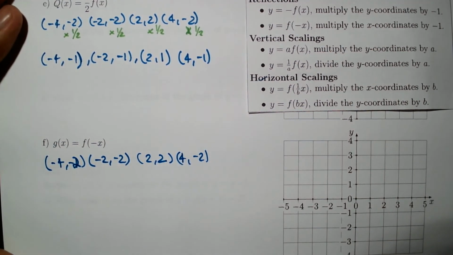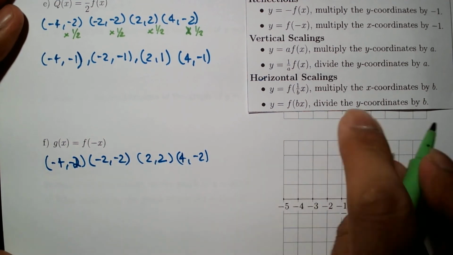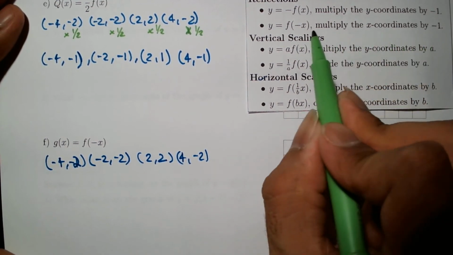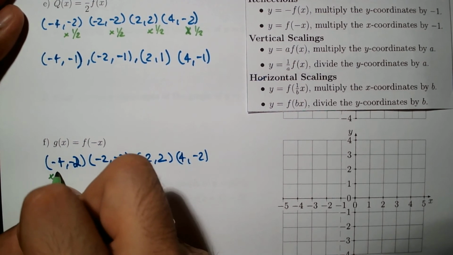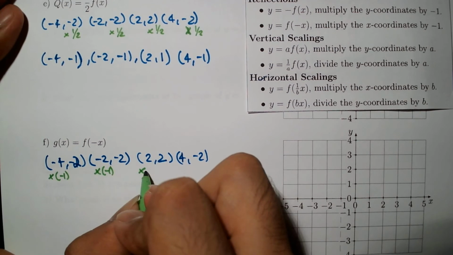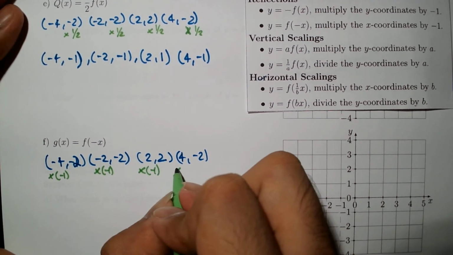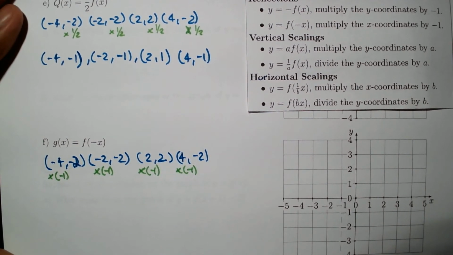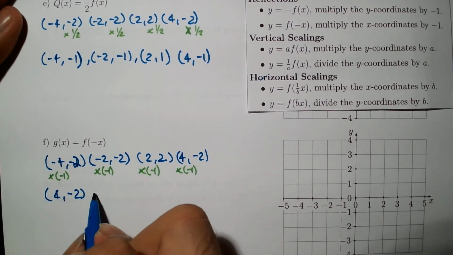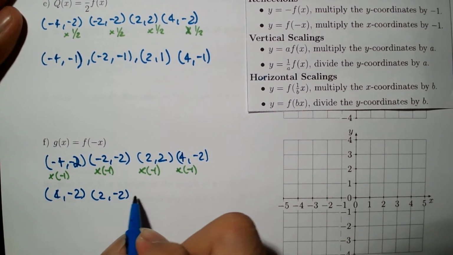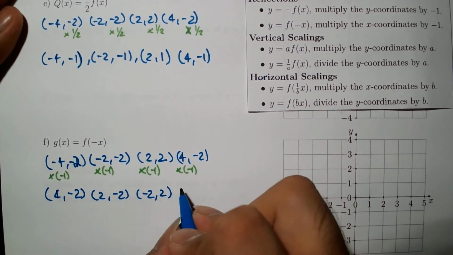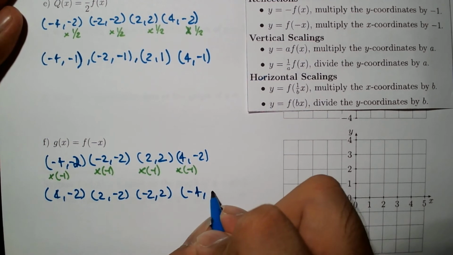Multiply the x coordinate by -1, so I'm going to have (4, -2), (2, -2), (-2, 2), and (-4, -2).